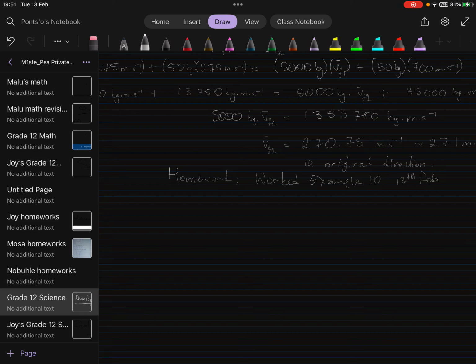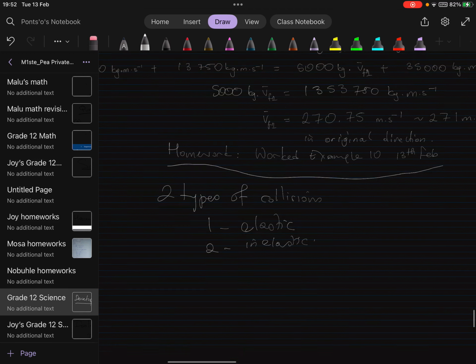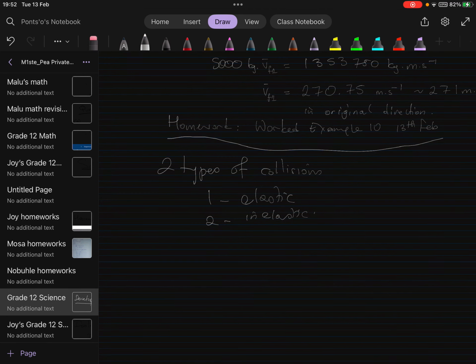But anyway, let me discuss this. So we've been applying conservation of momentum to collisions and I guess explosions, which is valid, but there are actually two different types of collision and they have different properties. So, two types of collisions. The first one is elastic, and the second one is inelastic.